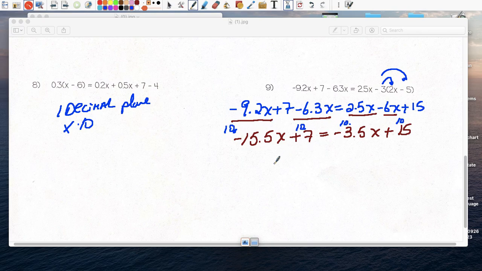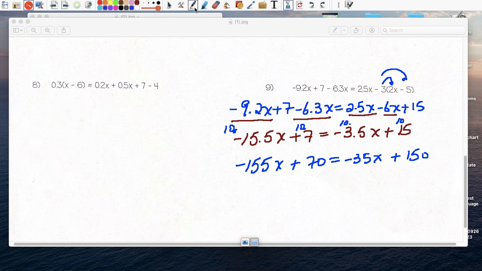Please use your calculator. This is going to become 155x plus 70 equals negative 35x plus 150. You didn't have to clear the decimals. You could have just continued without doing it, but I cleared because we actually did that exercise.